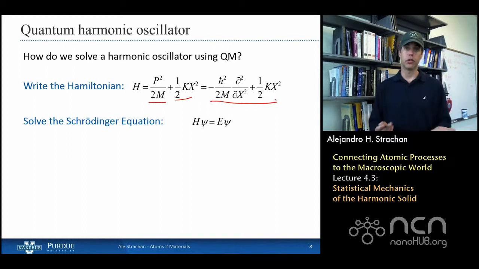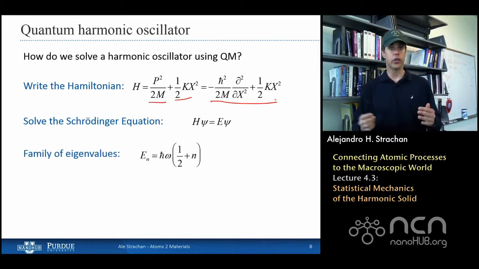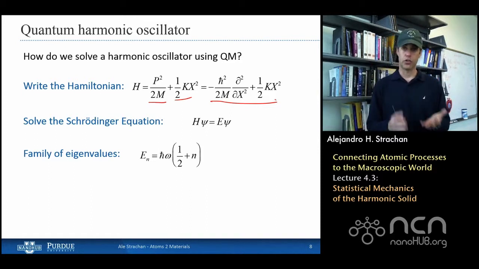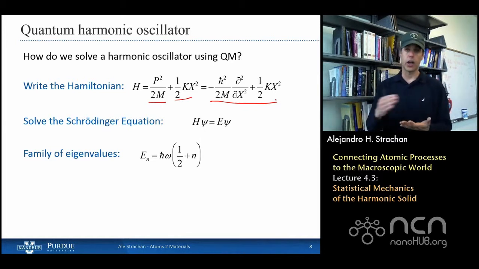What happens when you solve this problem quantum mechanically is that, as always, we have a family of solutions for the Schrödinger equation. We have a family of eigenvalues that represent the allowed energies. And the allowed energies are like this.